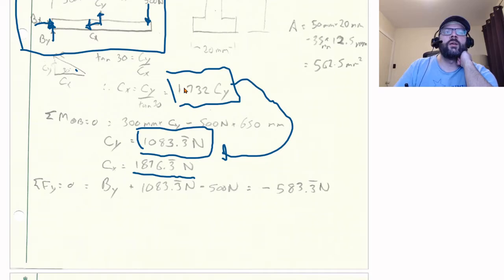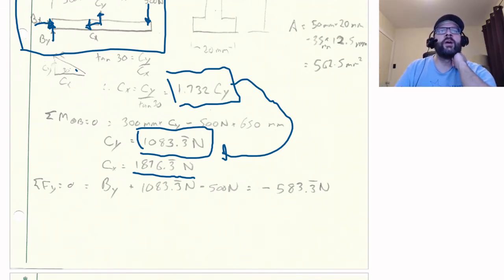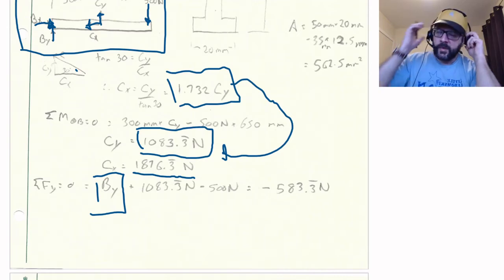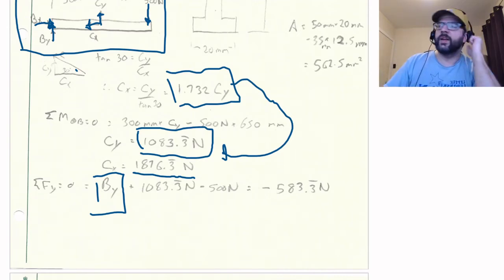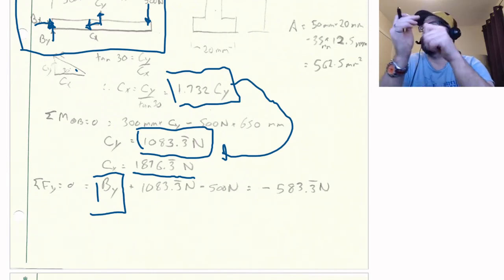So we can solve for By next. By can be solved for by taking the sum of the forces in the y direction. So By plus the 1083 minus the 500 is equal to 0, so By is equal to negative 583.3333 newtons.